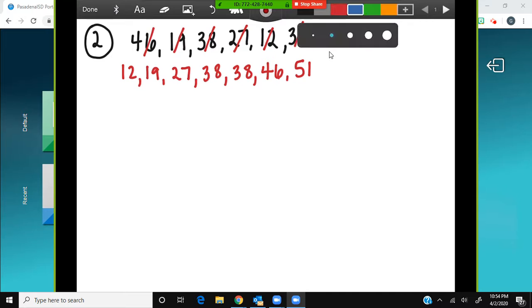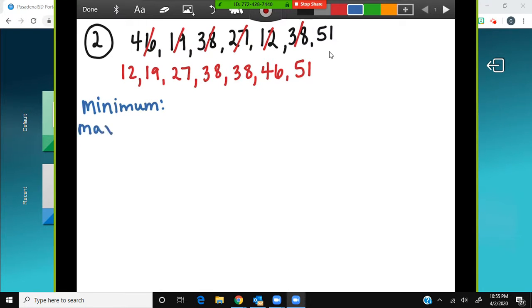So I'm going to be finding the 5 number summary, which are the minimum, maximum, median, lower quartile, and upper quartile.